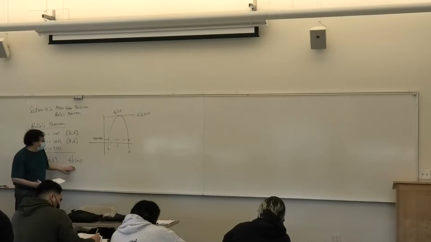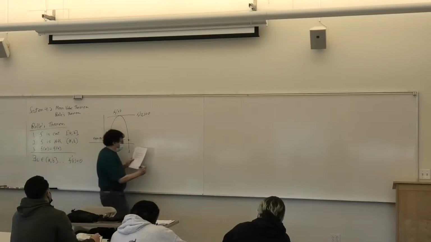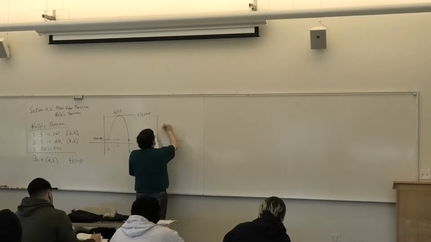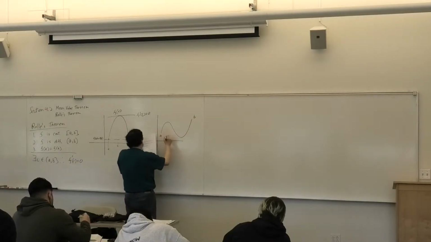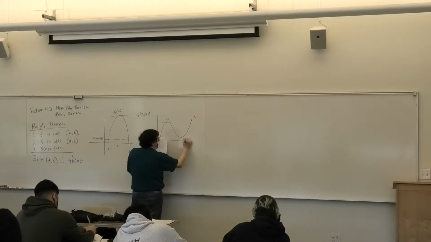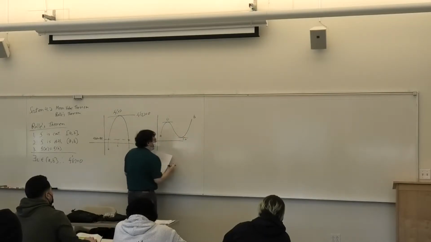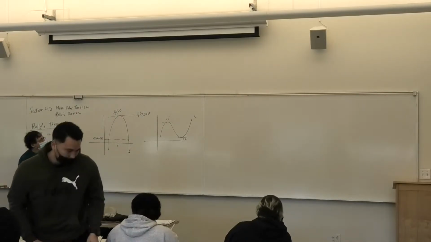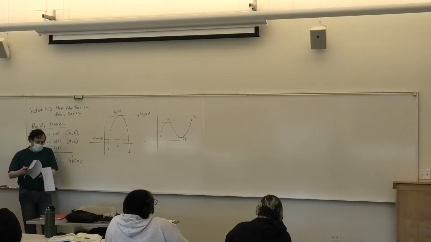Now, Rolle's theorem doesn't say there's only one c. So you could have a situation like this, where this is A, this is B, and now you kind of have C1 and C2, where the derivative is 0. There's no limit.